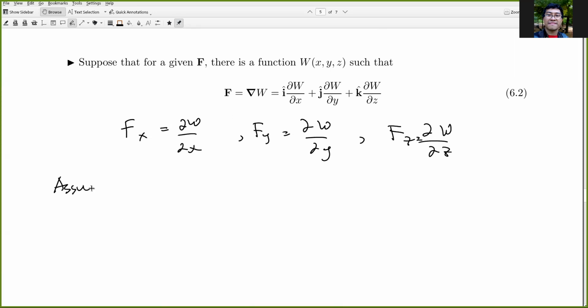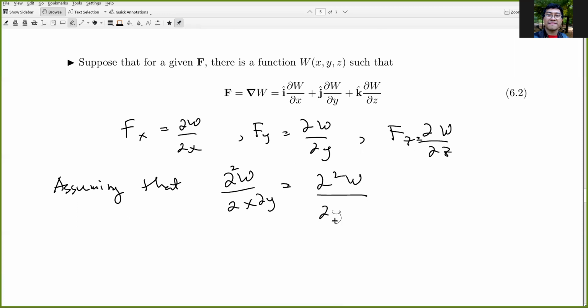Now let's assume that the partial derivatives commute. So for example, the second partial derivative of w with respect to x and y is equal to the second partial derivative of w with respect to y and x.